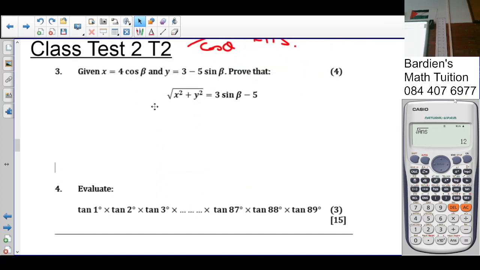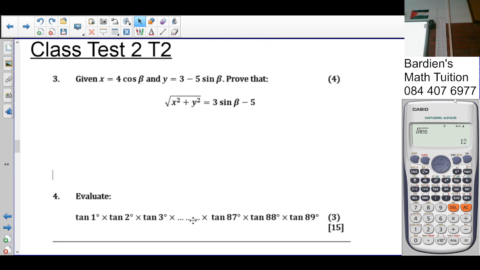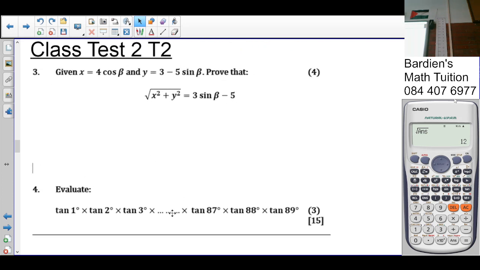The next question in question number 3. Given that x equal to 4 cos beta and y is equal to 3 minus 5 sine squared beta. Okay. Remember, I think it was last year's grade 11s, where exactly this, you test this one and the one prior to this, test 1.